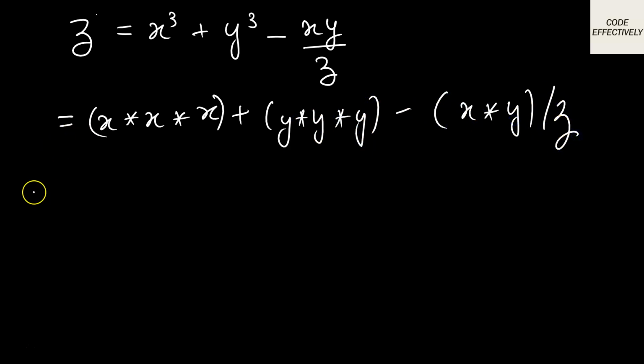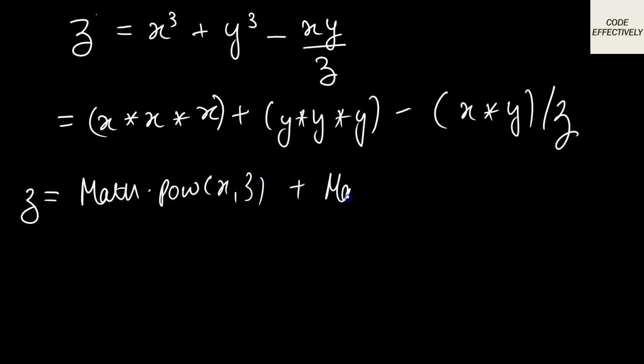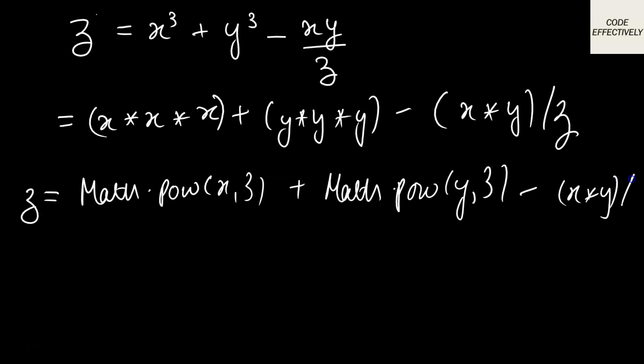You can go for this, but as a programmer, what I suggest is Math.pow(x, 3) plus Math.pow(y, 3), and then x into y, then divided by z.